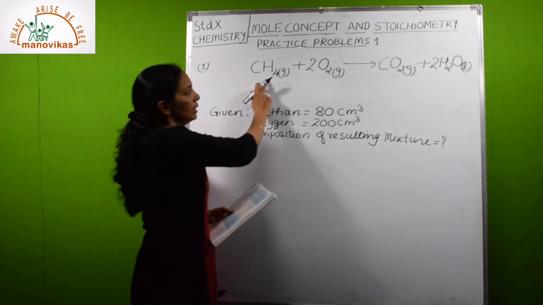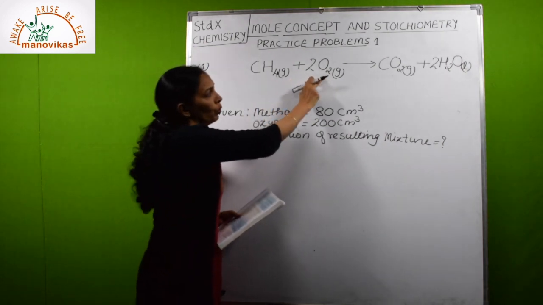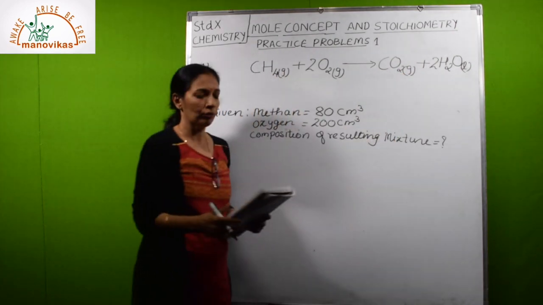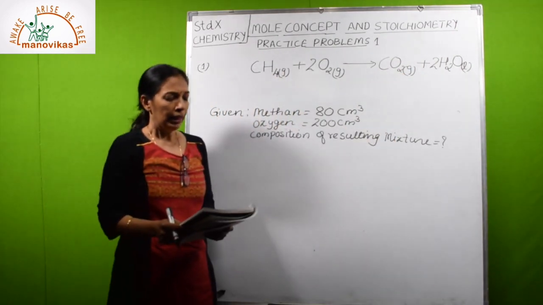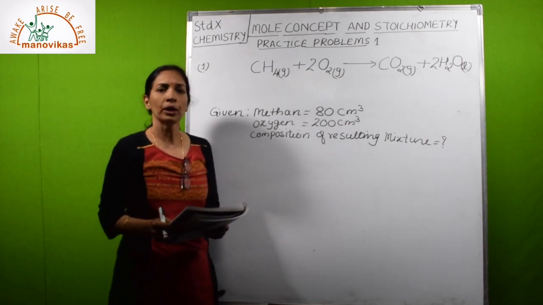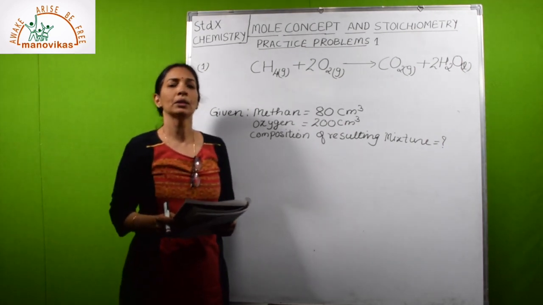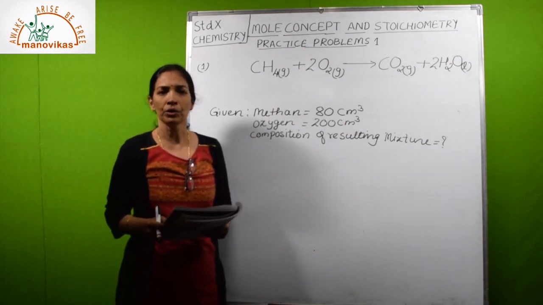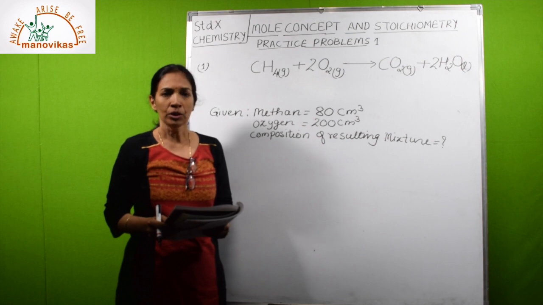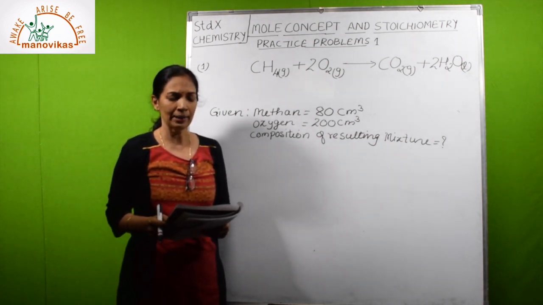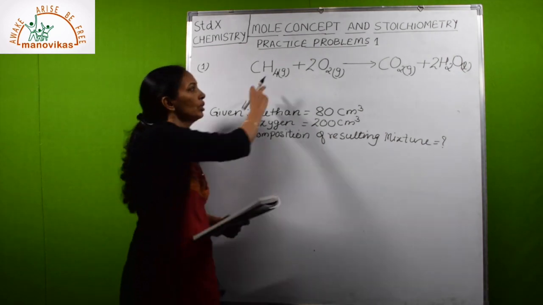It is given CH4 plus 2O2 is equal to CO2 plus 2H2O. This equation is given, and then 80 cubic centimeter of methane is mixed with 200 cubic centimeter of oxygen at room temperature and pressure. The mixture is ignited when it reacts as illustrated by the equation above.